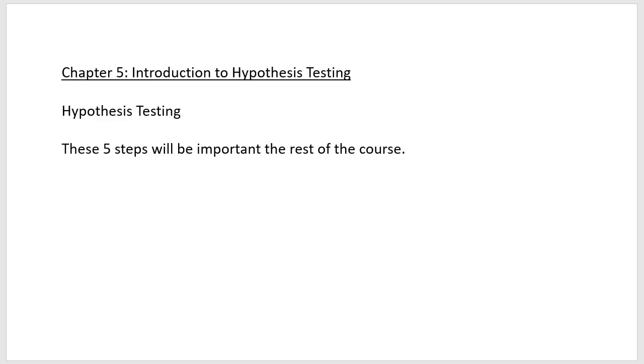Now, I know that was a pretty big chapter, but once we do some examples and really get into it, you're going to be in really good shape. In Chapter 6, we are going to be talking about a special situation where we are doing exactly the same hypothesis testing procedure, except for one wrinkle.